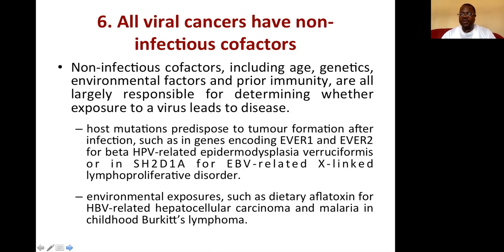And we also spoke about the effect of malaria that weakens children's immune system in Africa mainly, and they develop a childhood acute lymphoma. So that's what we see. So this is fact number 6.